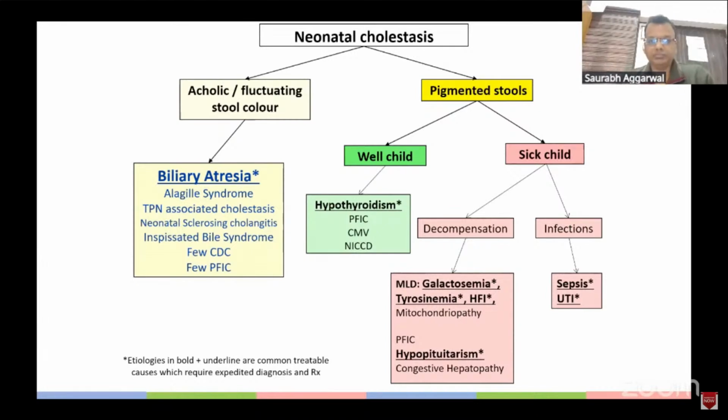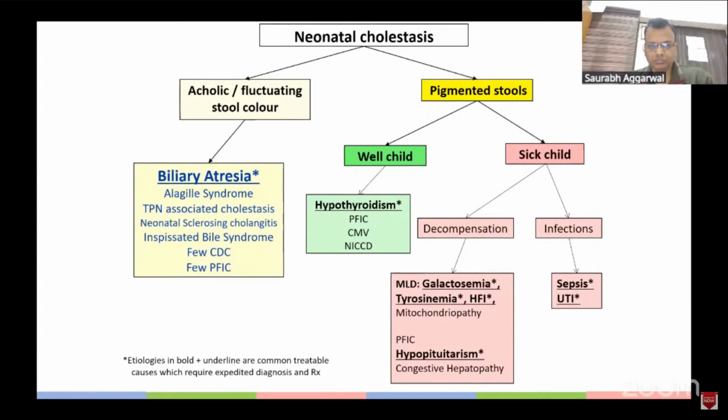The fourth is other causes like Alagille syndrome, TPN associated cholestasis, neonatal sclerosing cholangitis, a few cases of choledochal cyst, and PFICs.